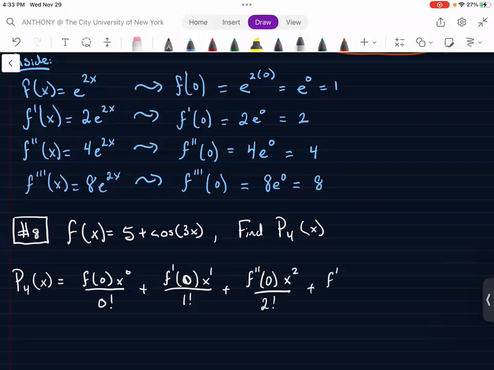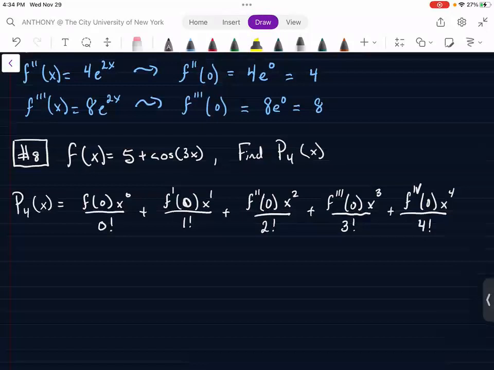Then you have f triple prime evaluated at 0 times x cubed over 3 factorial. And then lastly, f quadruple prime, so you can write your fourth derivative as f with Roman numeral IV, times x to the fourth over 4 factorial.